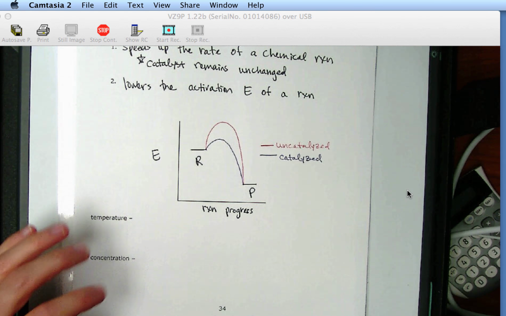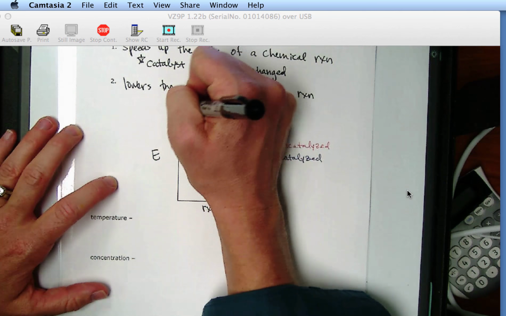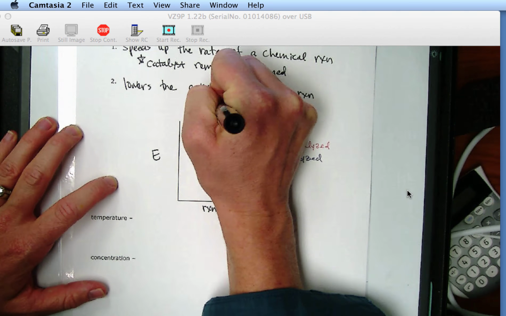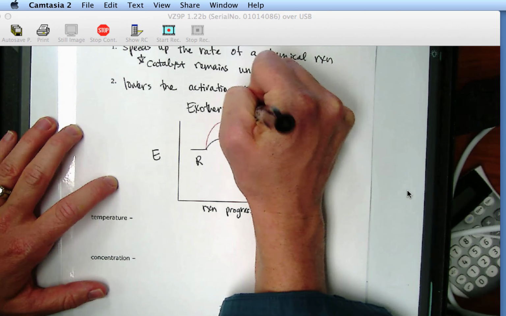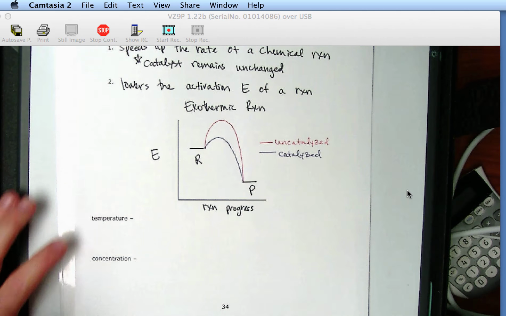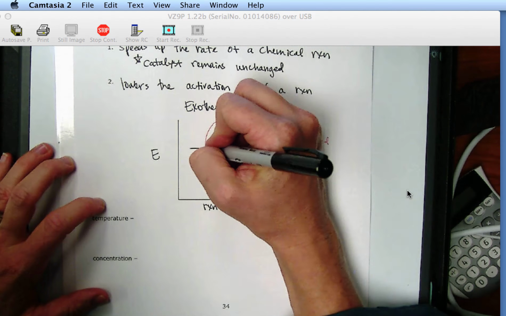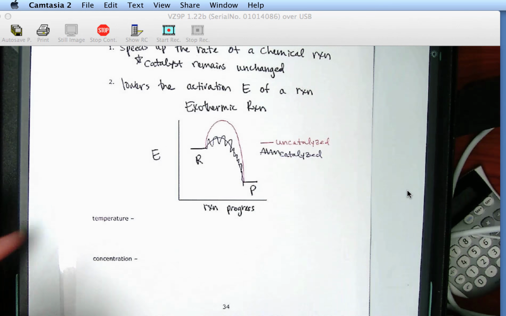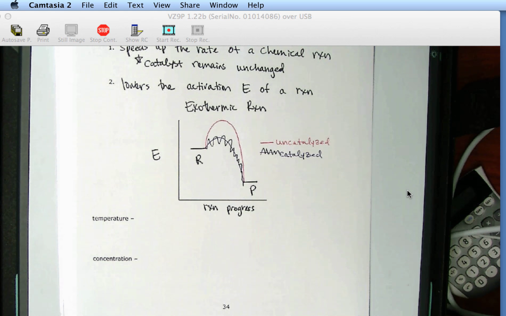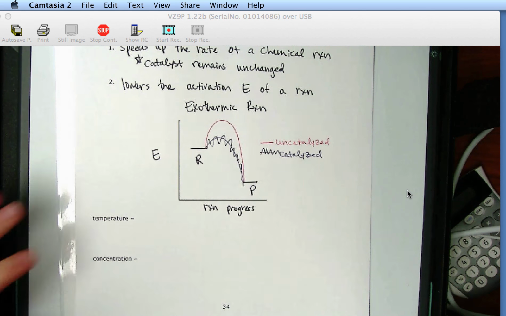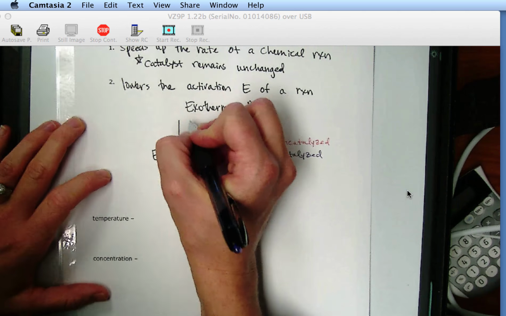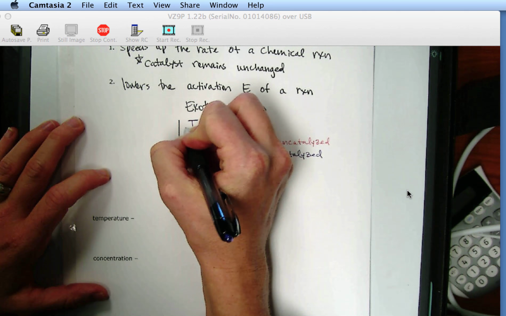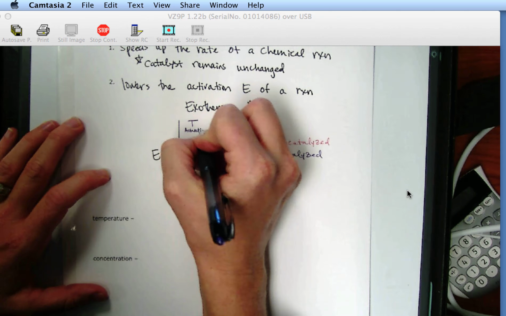So this is an exothermic reaction. And maybe I'll draw this one as squiggly so you see. Catalyzed. So what has happened here? The solid line is an uncatalyzed reaction. So if you look at the activation energy, it's here.